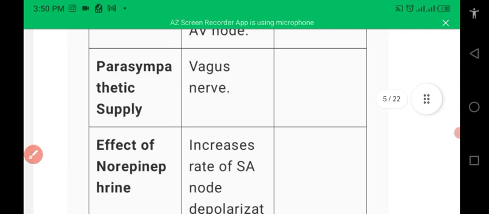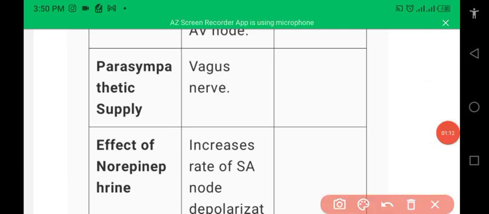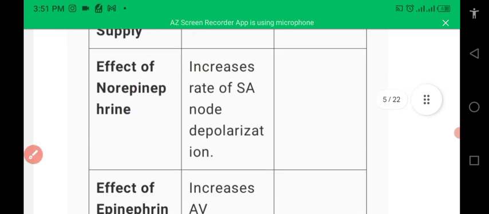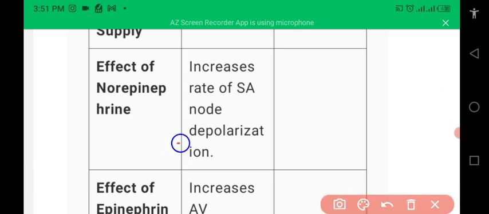Now what happens in parasympathetic is, because of the vagus nerve, which decreases heart rate, it increases the width of the PR interval. Effect of norepinephrine on the heart: it increases SA node activity, decreases PR interval, and increases SA node depolarization.